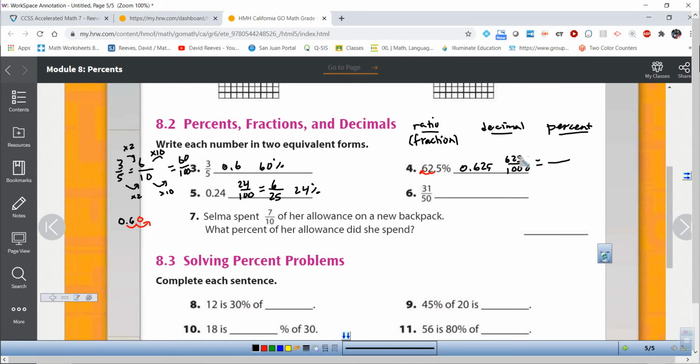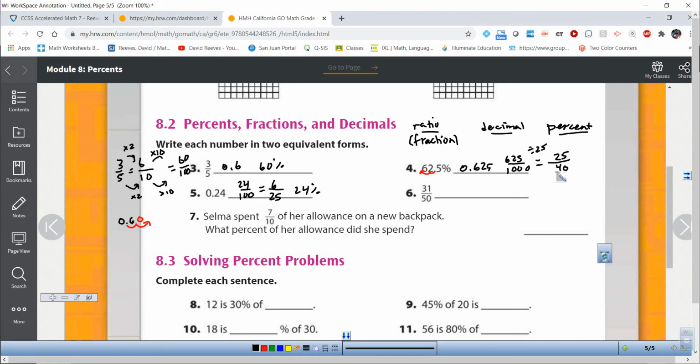All right, so if we divide both of these by 25, just think of this as quarters. If this were $6.25 and you were breaking it up into quarters, how many quarters would you have? Well, every dollar is 4 quarters, right? So that'd be 25 quarters, and $10 would be 40 quarters.